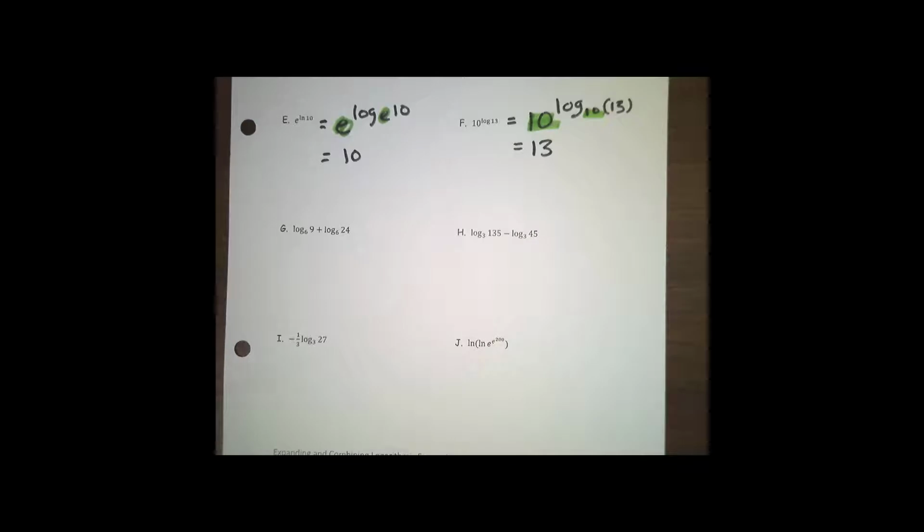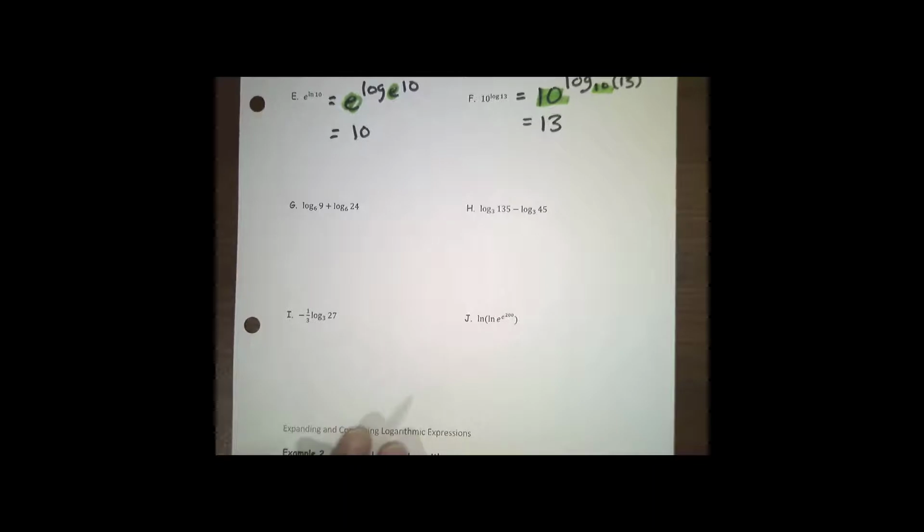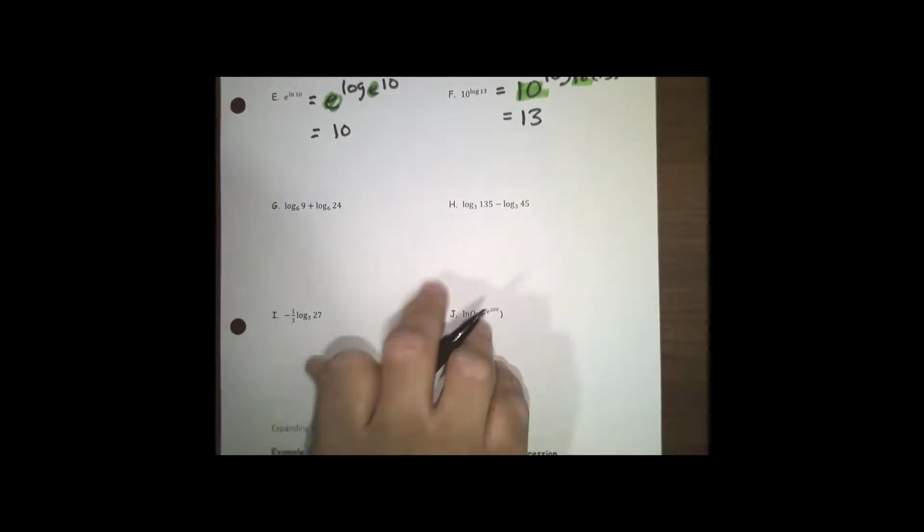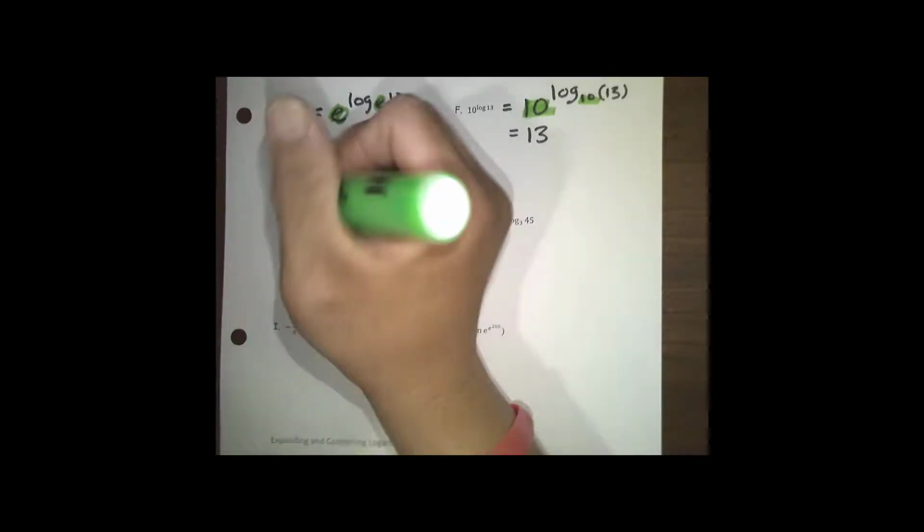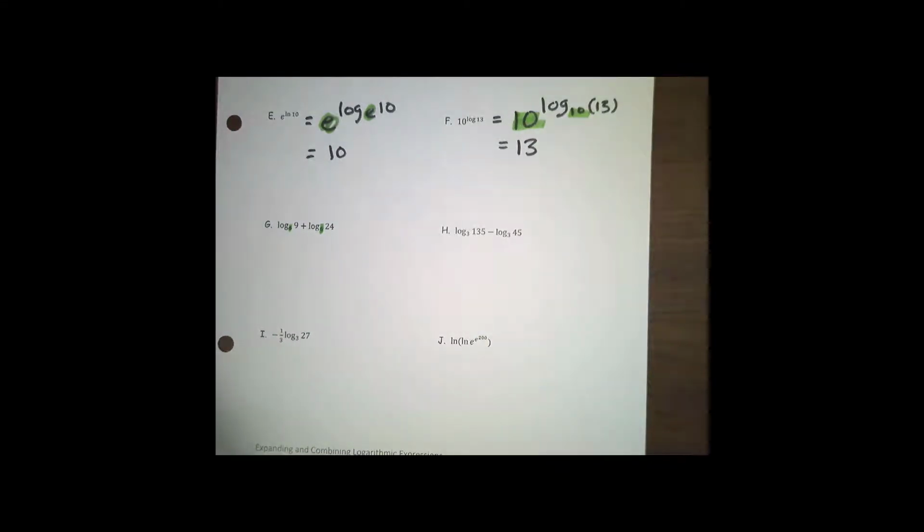So hopefully, again, you're enjoying this. So let's try another one. Log base 6 of 9 plus log base 6 of 24. All right, so this one is a little bit more difficult than some of them that we've had so far. But remember that these are both the same base of 6. If these were not the same base, I would not be able to use the rules that I am talking about right now.